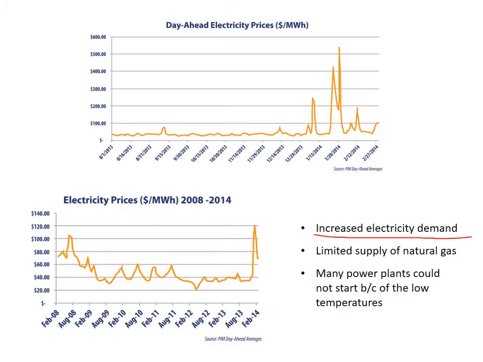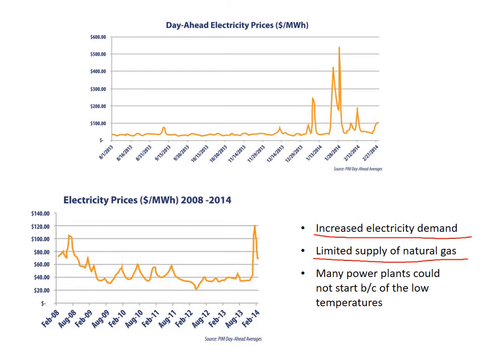The other issue is that since we've been switching from coal to natural gas, power systems in general are more dependent on natural gas. And so at the same time that you have increased electricity demand, and you have increased demand for natural gas from the power sector, you also have people experiencing wintertime temperatures that they've never experienced before. They're really cold.